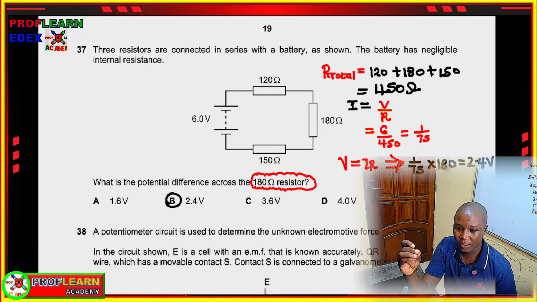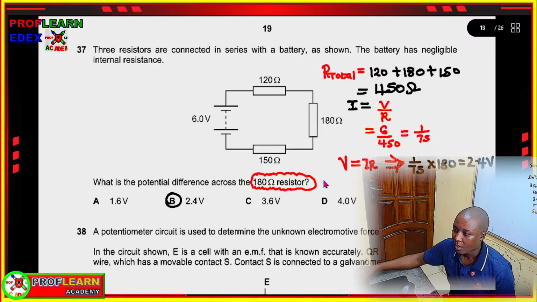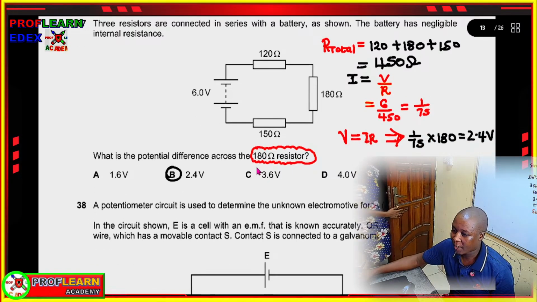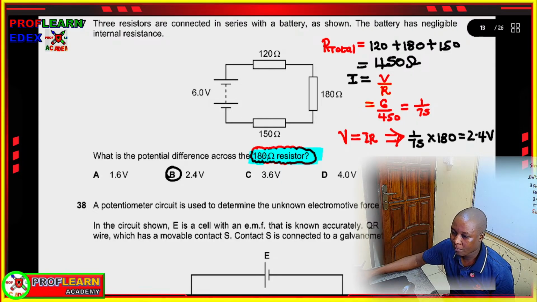So I'm going to say V is equal to IR, and I is 1 over 75 times 180, because we are asked to state the PD across this 180 ohm resistor.